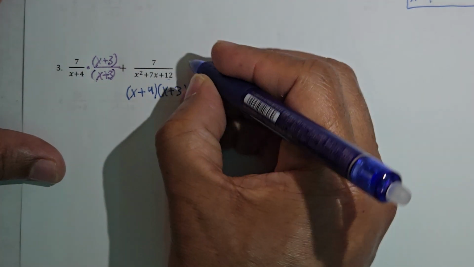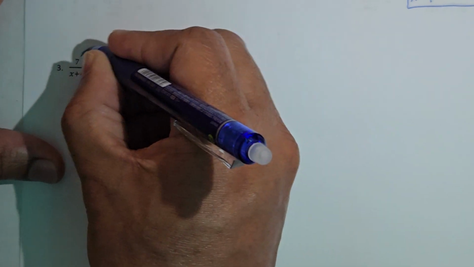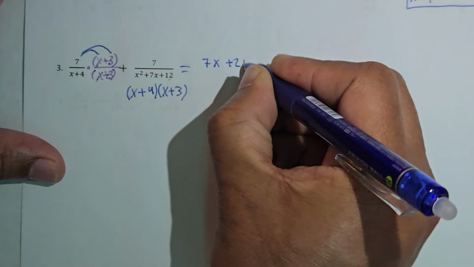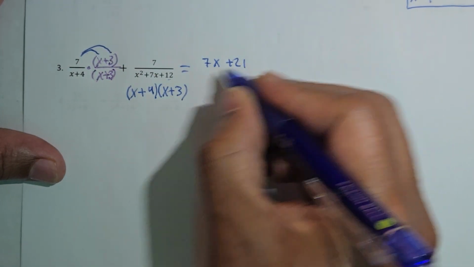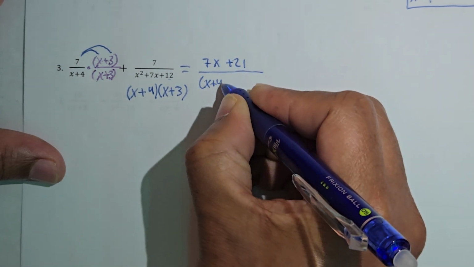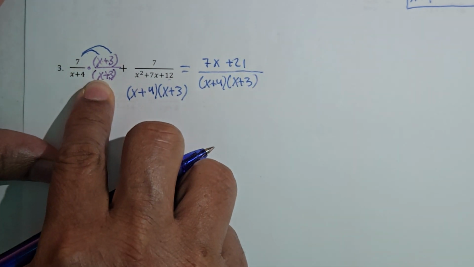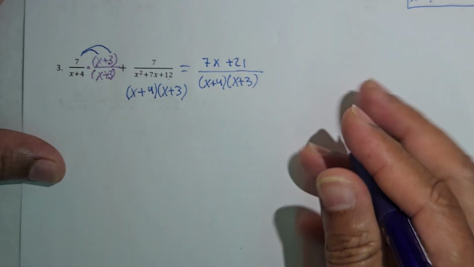All right, so then we have distributing 7 times x, that's 7x, 7 times 3, that's 21. And then now we have this over x plus 4 times x plus 3. Because of this, we distributed and multiplied the bottom by x plus 3.